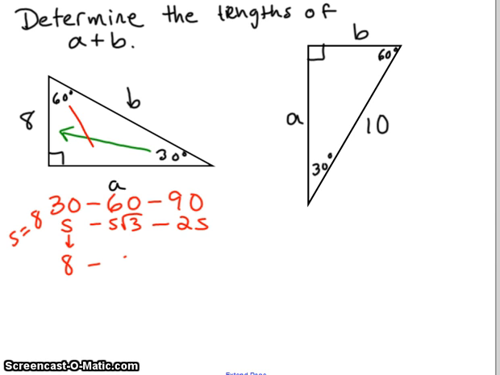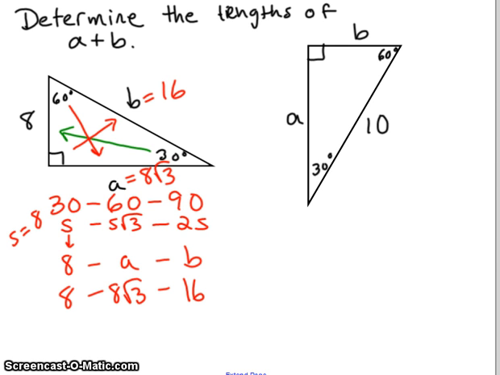A is across from the 60-degree angle, and b is across from the 90-degree angle. So plug in 8 for s. You have 8 square root 3, and 2 times 8, which is 16. So b is going to be 16, and a is going to be 8 square root 3.